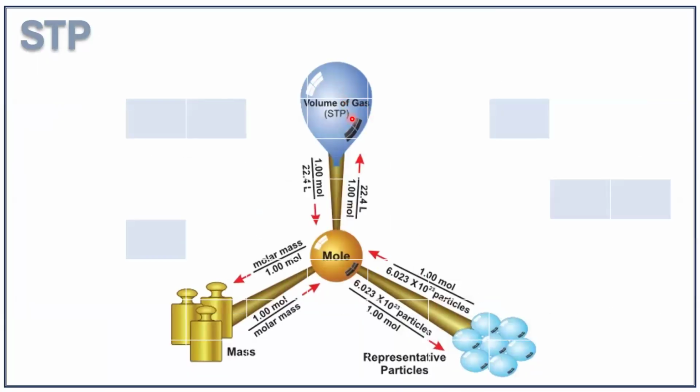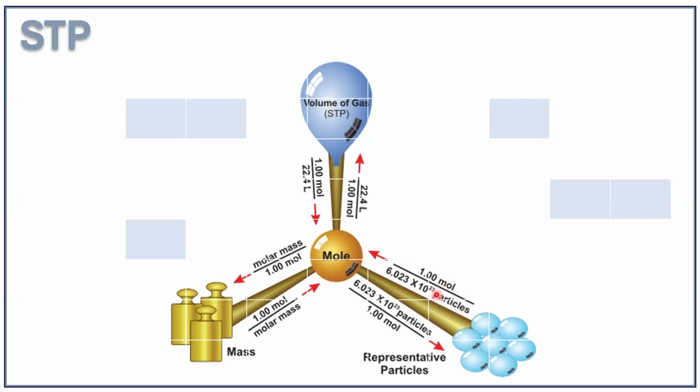So this is how you convert different constants. That is, if you have 1 mole of the gas, it will be occupying a volume of 22.414 liters. And if I say 1 mole of any molecule, that means it contains 6.023 into 10 raised to 23 molecules.